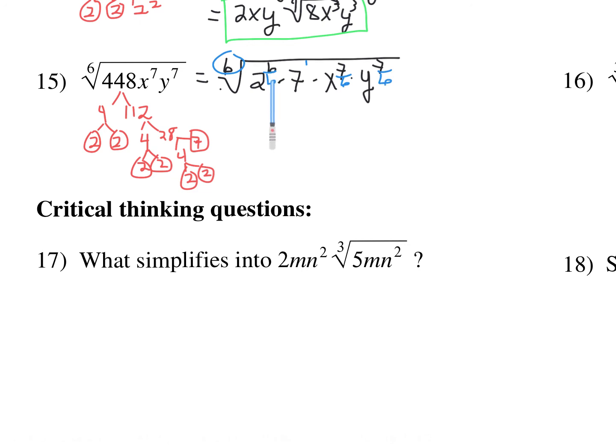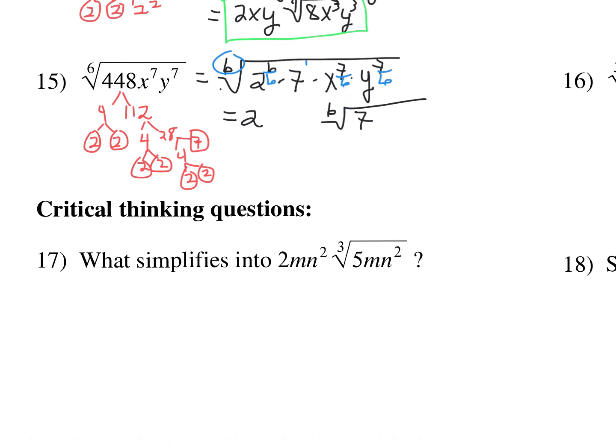So for this one, 6 goes into 6 once, so 1, 2 comes out in front. Do my 6th root here. No 2s will be left over because 6 goes in there evenly. For this one, nothing comes out in front, so we're going to leave the 7 underneath. For this one, 6 goes into 7 once with 1 x left over.